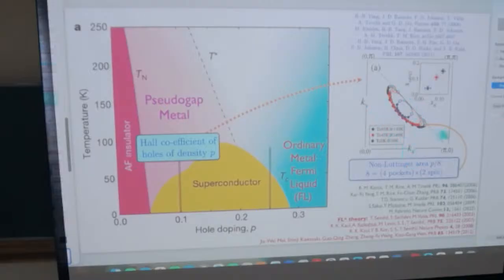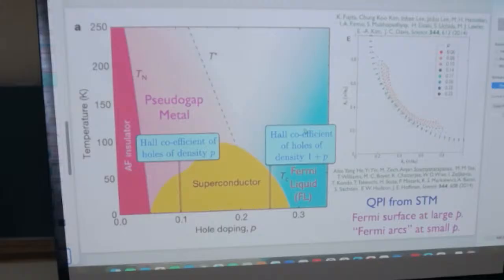And if you ask what is the size of this pocket, since there are 4 pockets, this is 1/4 of the Brillouin zone, and there's a factor of 2 for spin. That means that each pocket has 1/8 the density, and so in units where this Brillouin zone has area 1/4, and the full Brillouin zone has area 1, the area of this pocket is P over 8. Okay.